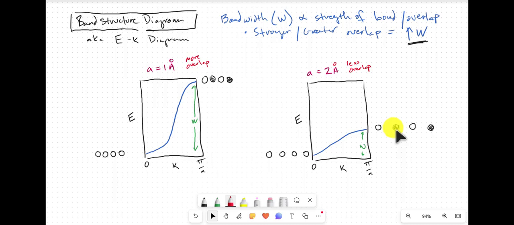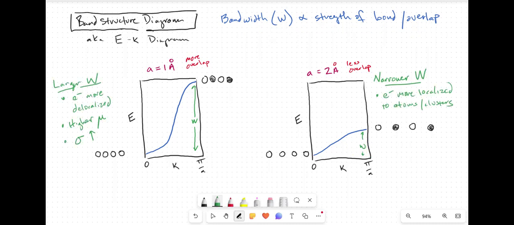And so weaker bonds, weaker interactions between atoms, mean a smaller bandwidth in our energy diagram. By the way, if we do the math for the EK diagram, assuming 2 angstroms, then our band gap goes down by about an order of magnitude. And so the bandwidth, I keep saying band gap, bandwidth, goes down from about 40 eV in the 1 angstrom case to about 4 in the 2 angstrom case.